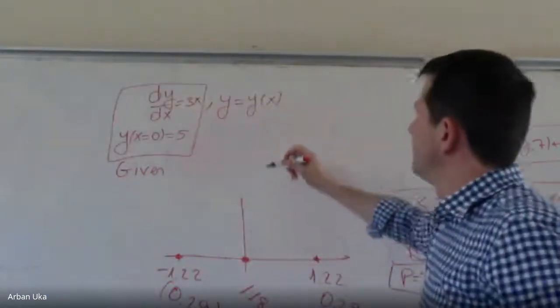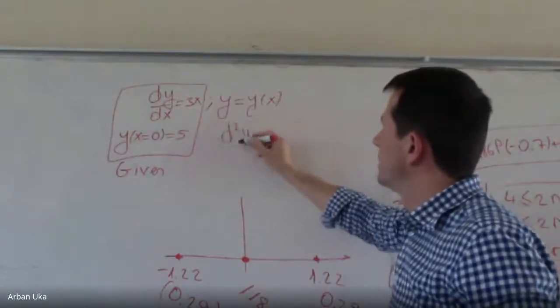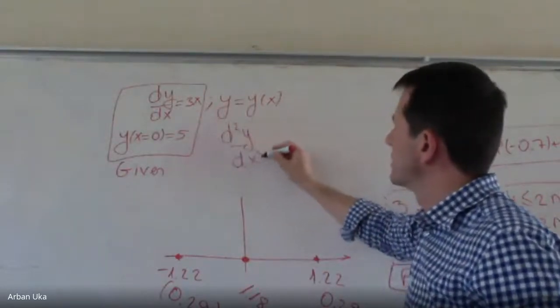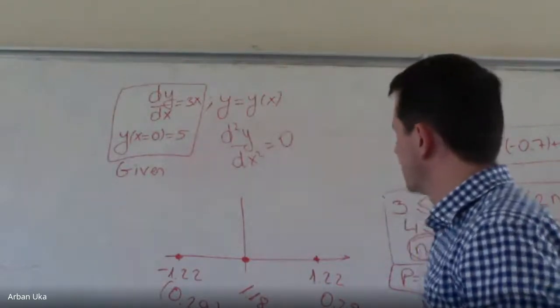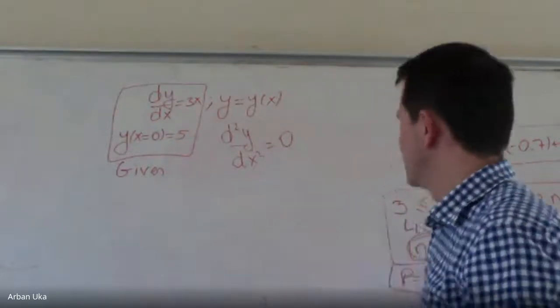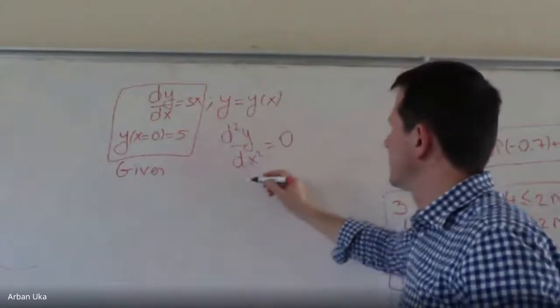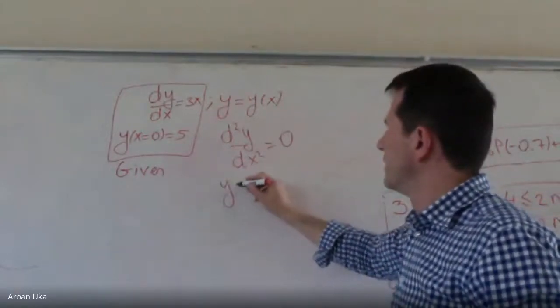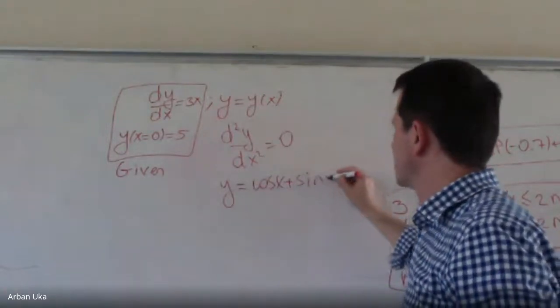We can have, let's say, the second derivative of y with respect to x equal to 0. Okay, so what is this? This can be even much more complex. In fact, the solution of this one is y equal to cosine x plus sine x.